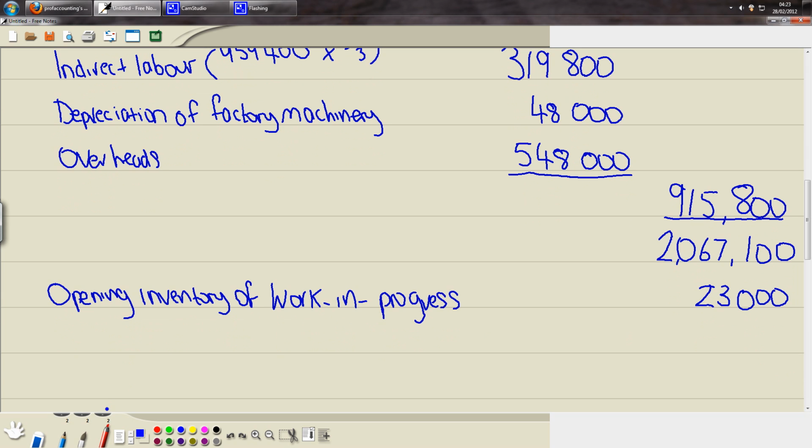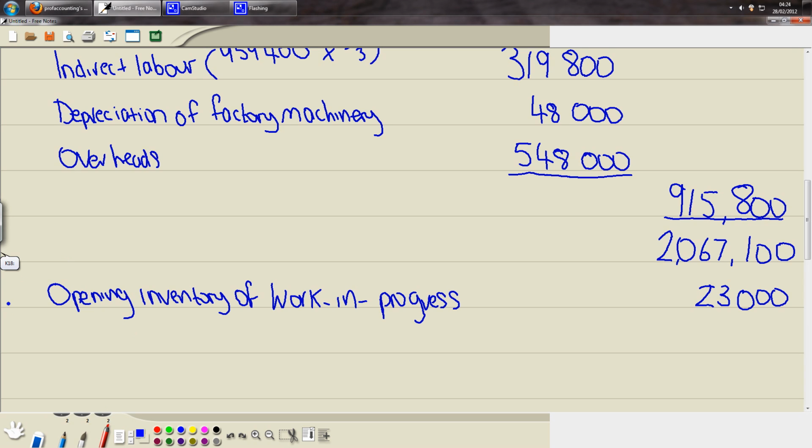So the opening will be added, and then the closing work in progress is incomplete products, incomplete finished goods. Therefore, if there are no complete goods, then they were not part of the cost of manufacturing, so they're excluded. They'll be included in the next accounting period.